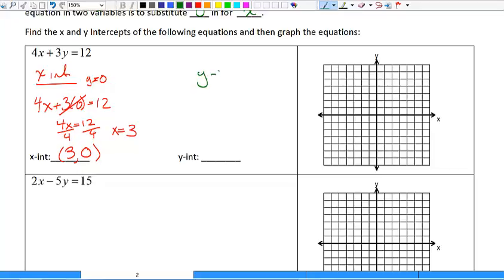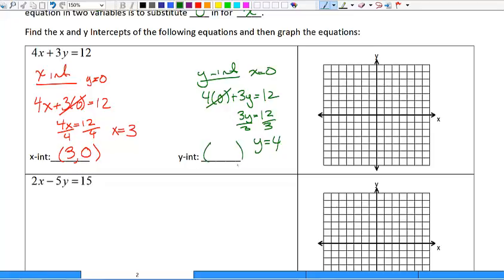So for the y-intercept, we're going to plug in x is equal to 0. So we have 4 times 0 plus 3y equals 12. Well, that's just 0, so I have 3y equals 12. So my y-intercept is 4. But to write it correctly, the y equals 4 needs to go in the y-coordinate.